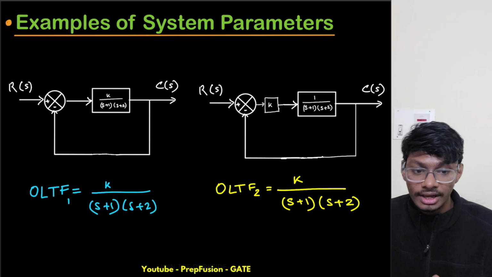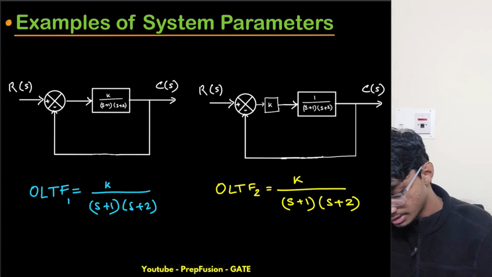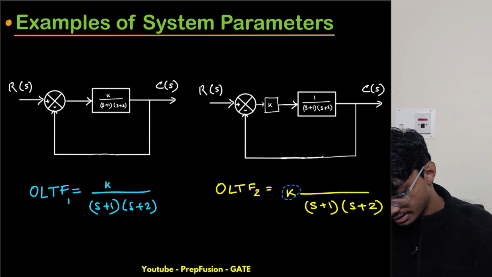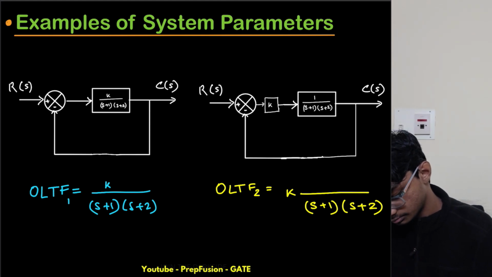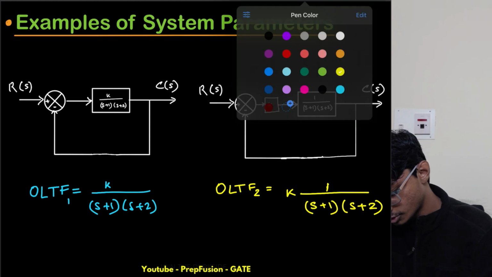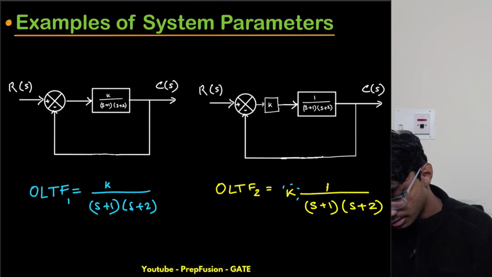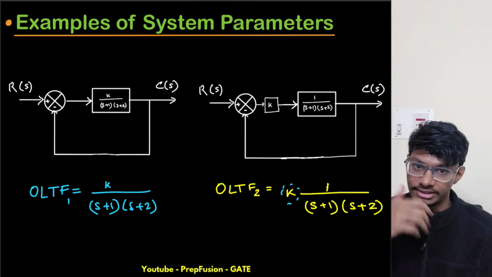This one has also the same OLTF, but what is the difference? The difference is where my k is. K is here only. But the actual final equation they are the same, right? So that is the main thing.